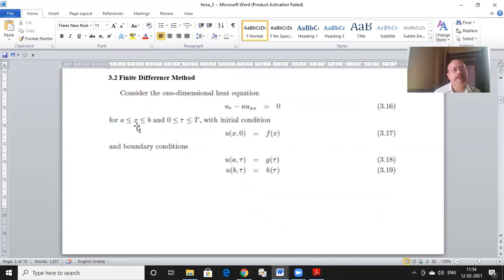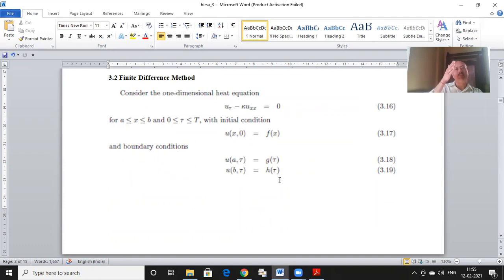And the range is x is between a and b, so there is a finite interval, and tau, time, is between 0 and capital T. I will need some initial conditions. So at time 0, the process starts from f(x), and for the boundary A, this is the function for u, g(tau), and for the boundary B, this is the function for u, h(tau).